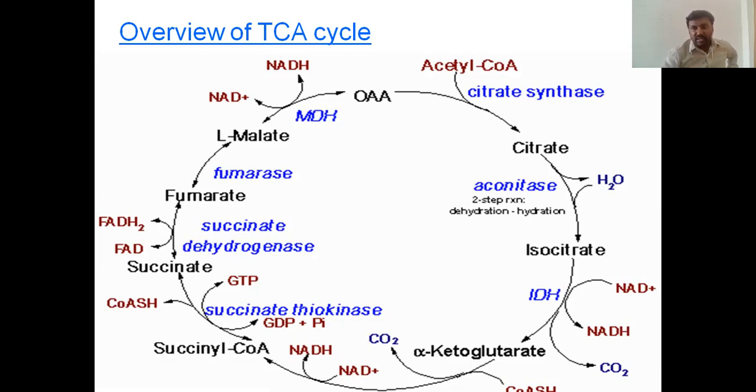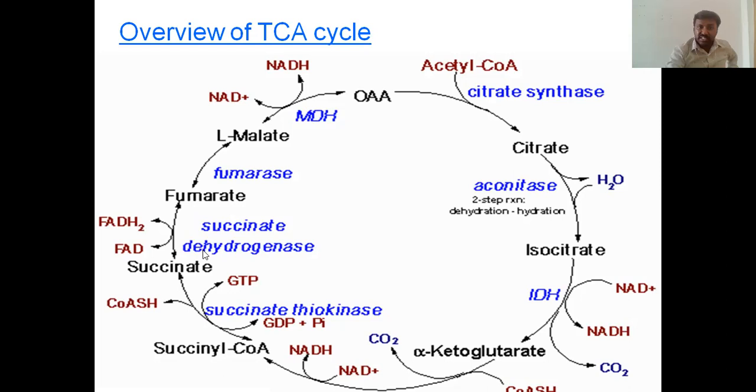As in glycolysis, where 1,3 bisphosphoglycerate is converted to 3 phosphoglycerate. Like this also, succinyl coenzyme A is converted into succinate in the presence of succinate thiokinase. Then succinate forms fumarate in the presence of succinate dehydrogenase.